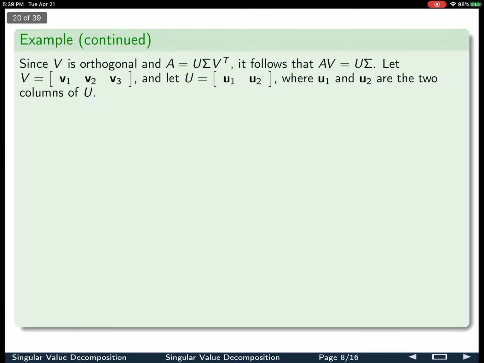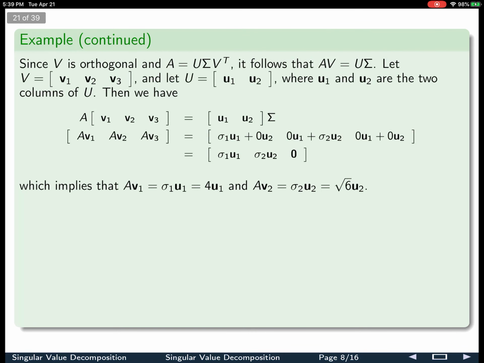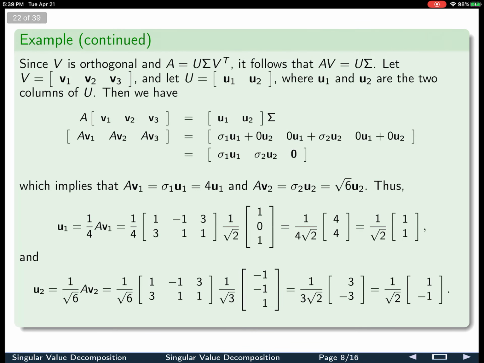Here, they describe a little bit of a shortcut to get the matrix U. What they're doing is recognizing that when you start off with the decomposition, A equals U sigma V transpose, and you multiply on the right-hand side by V, you get AV equals U sigma.